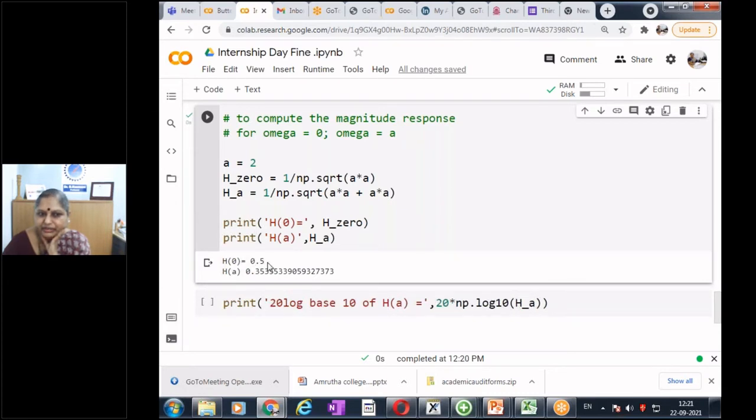I repeat, see whether h of a is 0.707 times h of 0.